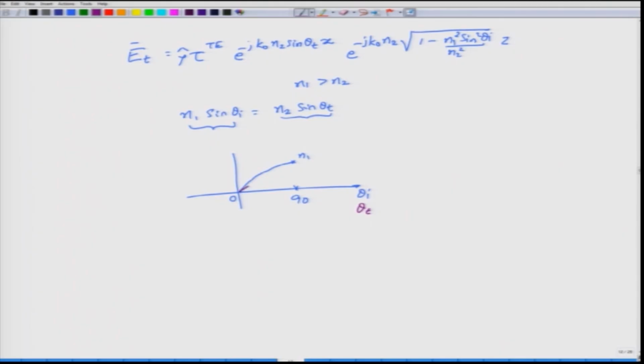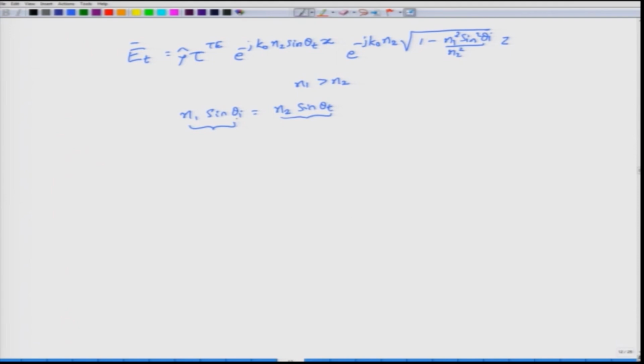I am not able to draw this one well, so let us say I am trying my best here. At some point it goes slightly like this. This is what would happen for n_1 and this is what would happen for n_2. So, the angle theta_t must change rapidly, but at some point it hits n_2, and then it will not be sufficient to be equal to the left hand side. Perhaps this figure did not convey what I wanted to write down, but you get the idea.